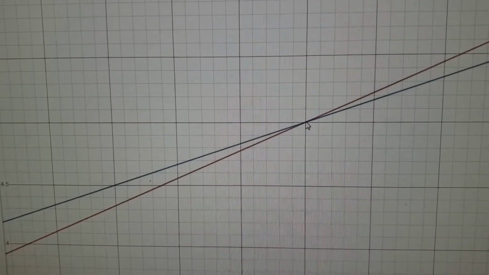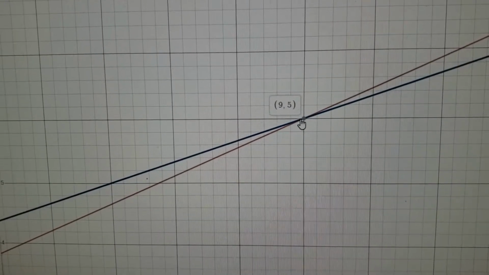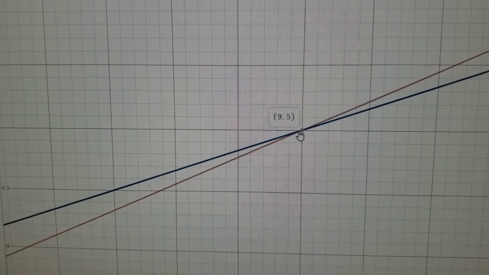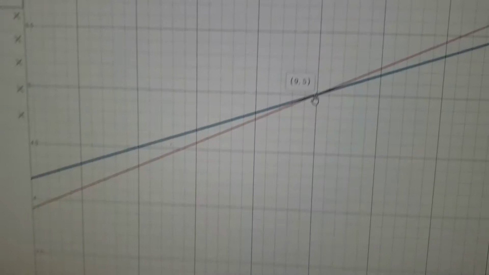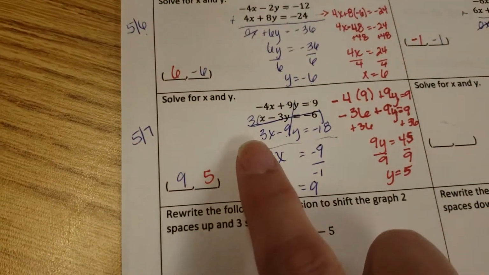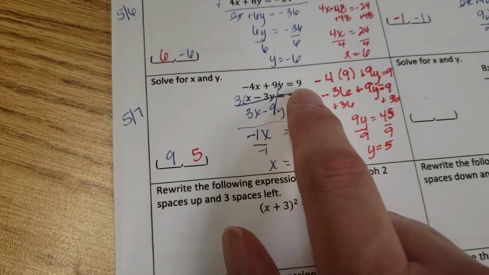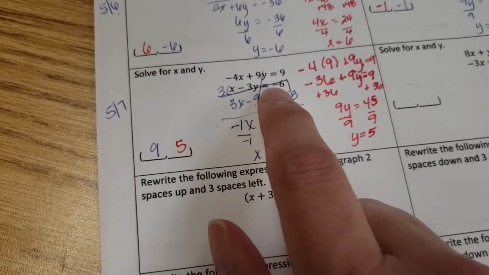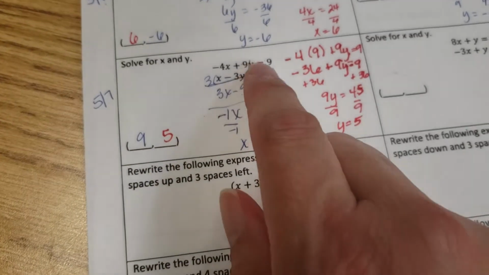And if we look in here where they intersect each other, we get 9, 5, which is our set of coordinates that we found. So what we're saying is that there's a lot of solutions that, if you plug in an x and a y here, there's a lot of things that will turn out to 9. There's a lot of things that you can plug into this equation that will turn out to negative 6, but there's only one pair that works in both of them.